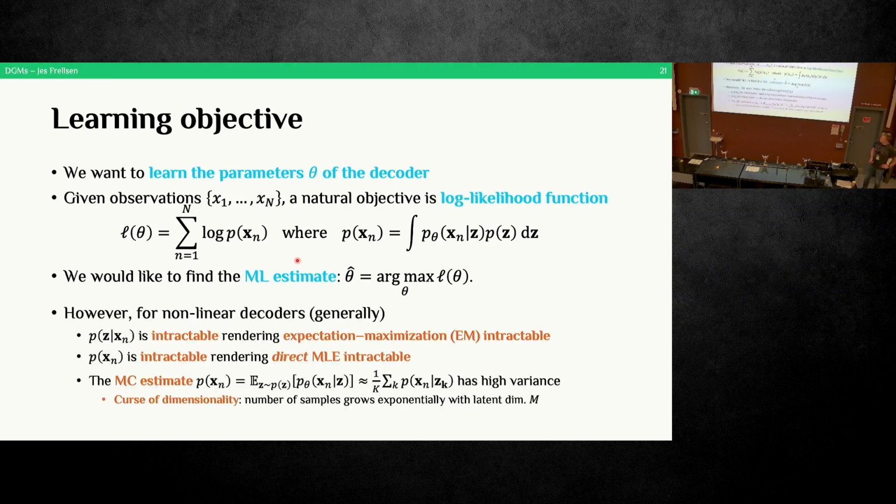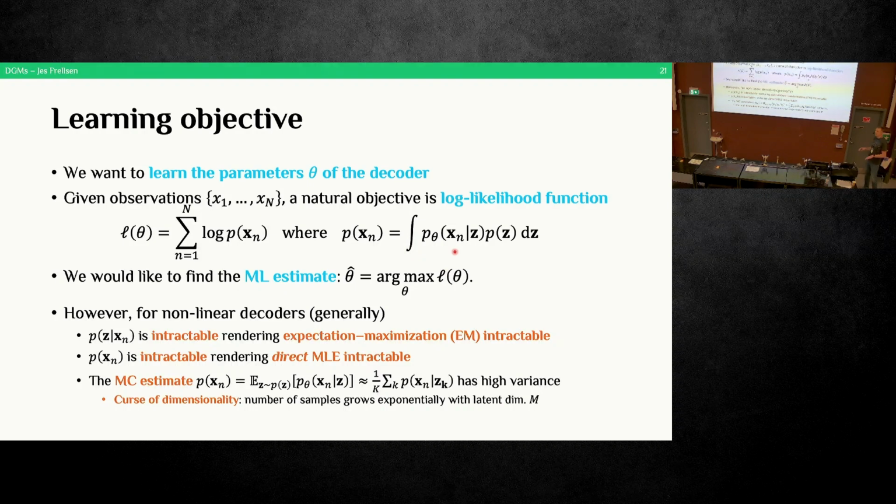The issue here is, of course, this integral over here. These two points should have been swapped. I cannot directly optimize this, because once I have a nonlinear decoder in there, I cannot calculate this integral in closed form.